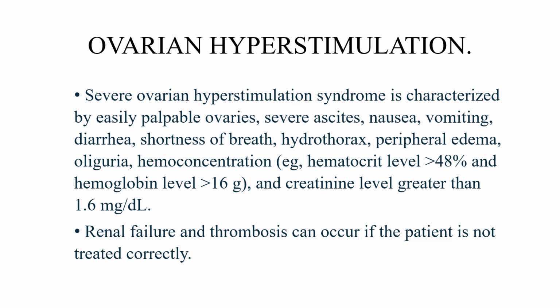Severe ovarian hyperstimulation syndrome is characterized by easily palpable ovaries per abdominally, severe ascites, nausea, vomiting, diarrhea, shortness of breath, hydrothorax, peripheral edema, oliguria, hemoconcentration with a hemoglobin level of greater than 16 grams per deciliter and a hematocrit of greater than 48%, and the creatinine levels may rise to more than 1.6 milligrams per deciliter. Renal failure and thrombosis can occur if the patient is not treated correctly.